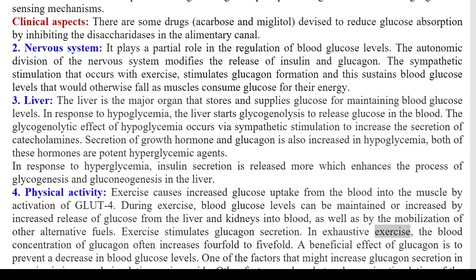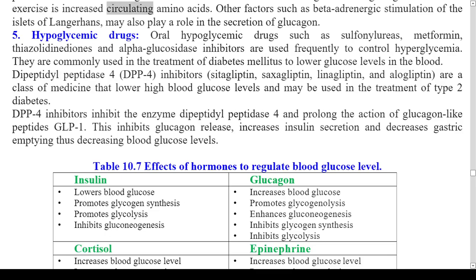In exhaustive exercise, the blood concentration of glucagon often increases fourfold to fivefold. A beneficial effect of glucagon is to prevent a decrease in blood glucose levels. One of the factors that might increase glucagon secretion in exercise is increased circulating amino acids. Other factors such as beta-adrenergic stimulation of the islets of Langerhans may also play a role.